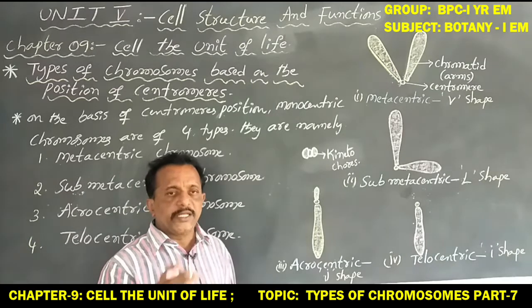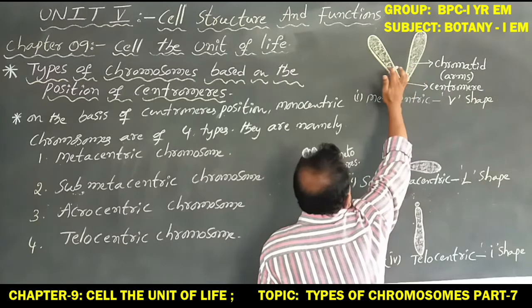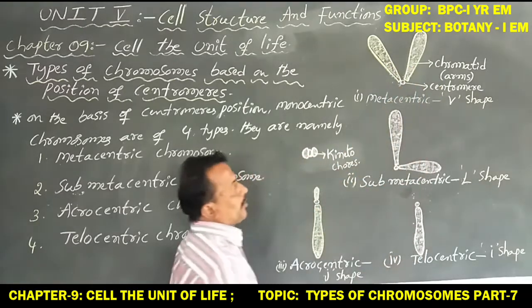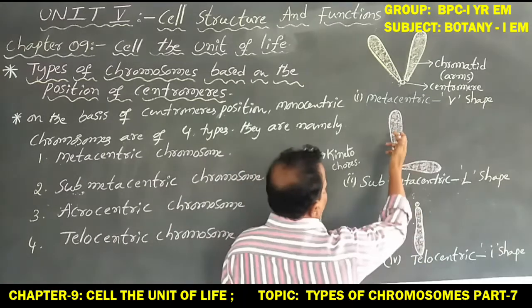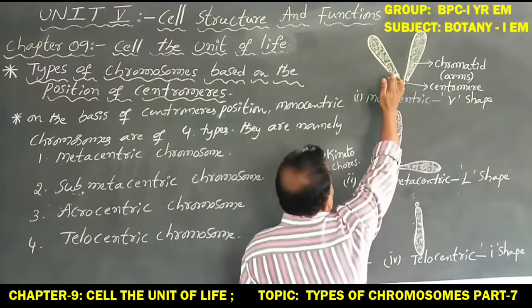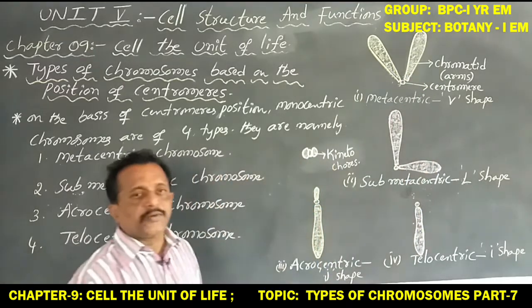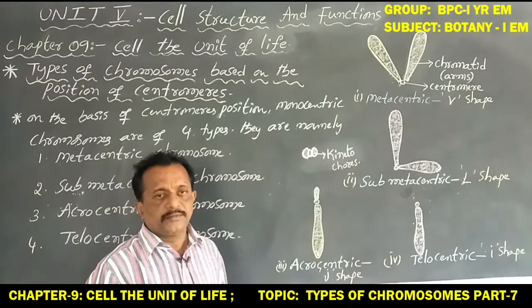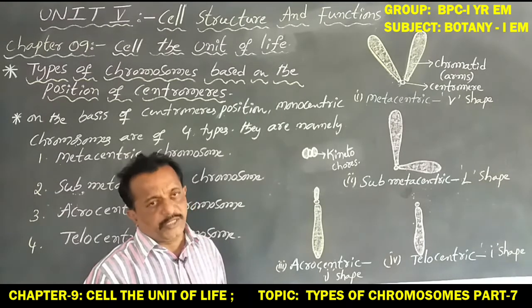A single chromosome contains two chromatids or two arms. These two arms may be equal in length or unequal in length, based on the position of the centromere.